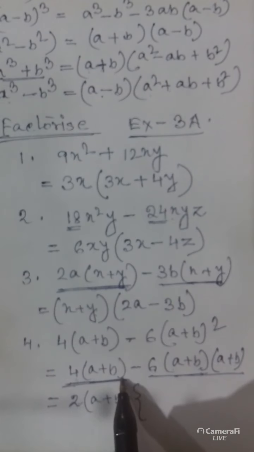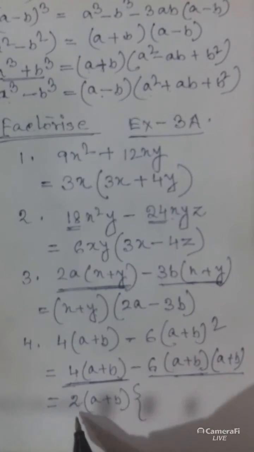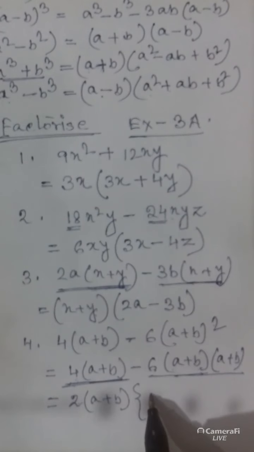Then in the first term 4 into (a plus b), we take common 2 into (a plus b). Then 2 2s are 4, 2 is left.